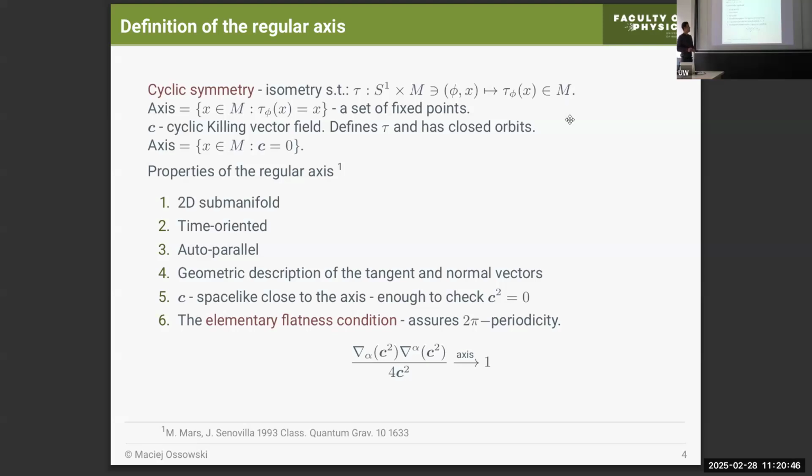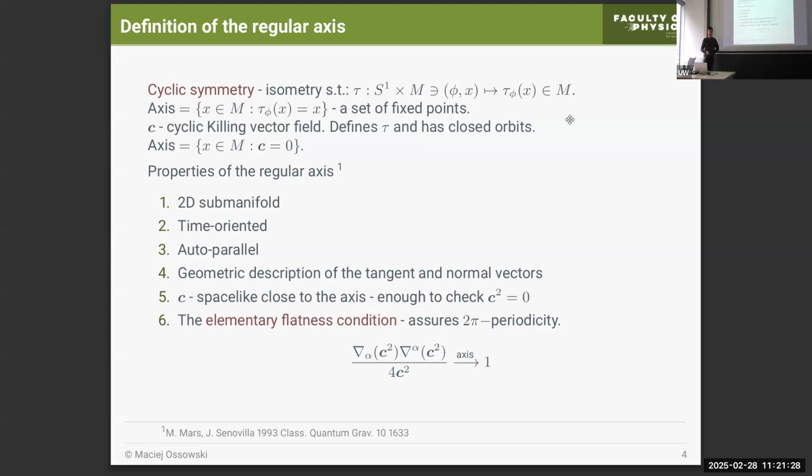Instead of talking about this isometry, it's more convenient to talk about the Killing vector field that generates this symmetry. Throughout the whole presentation, I will be denoting it by C and calling it the cyclic Killing vector field. This Killing vector field generates this cyclic symmetry, and it has closed orbits because those closed orbits have to be parameterized by some angle living on a circle.